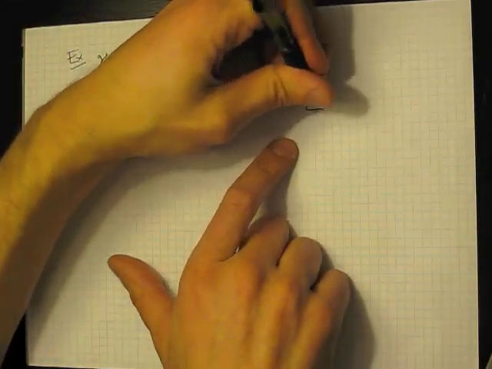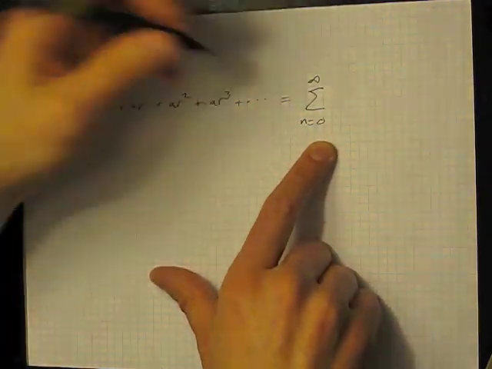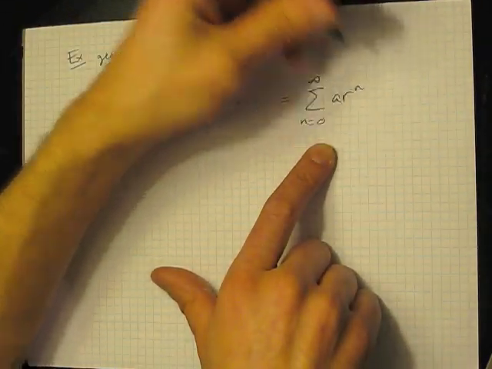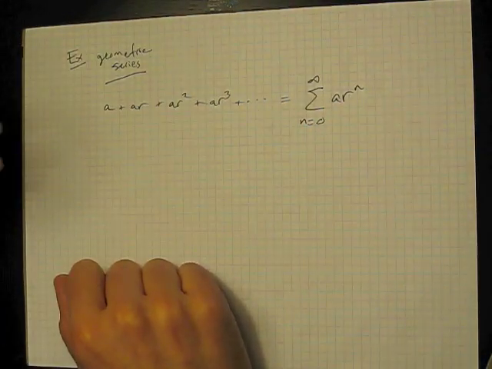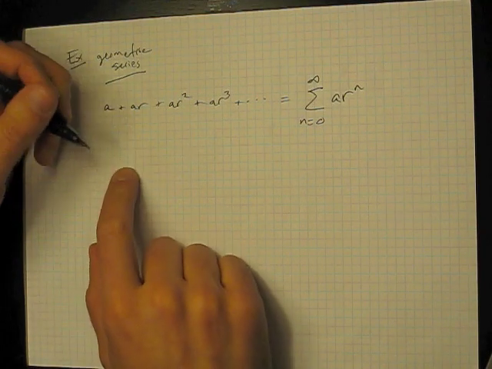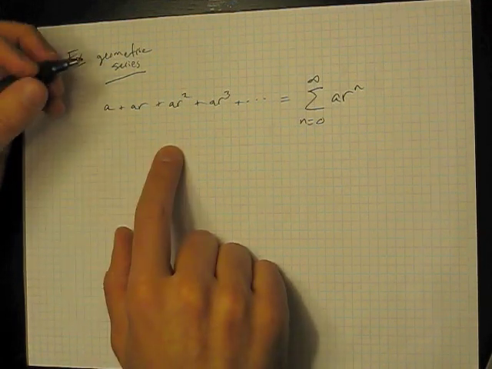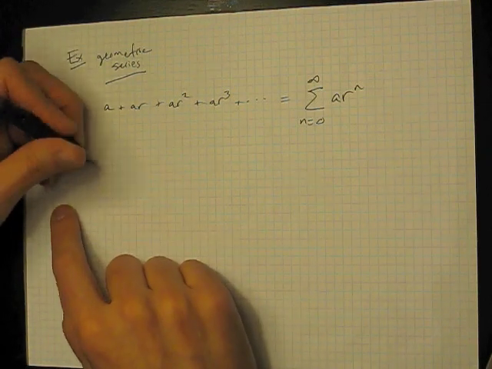Here we're not going to start at 1 anymore, we're going to start at 0. It doesn't matter where you start. So we do a times r to the n power. That's what this series looks like. And our main result required a proof for super bonus points, so I'll leave that up to you guys to learn and remember from class.